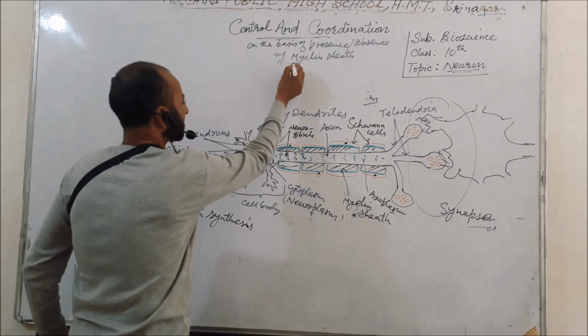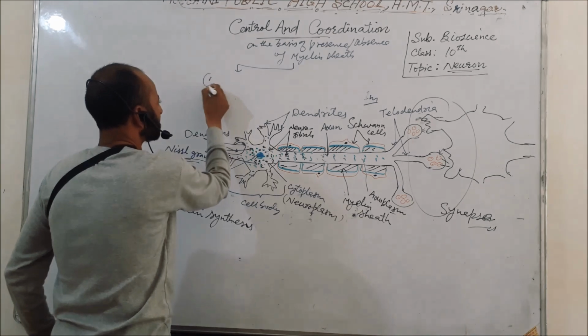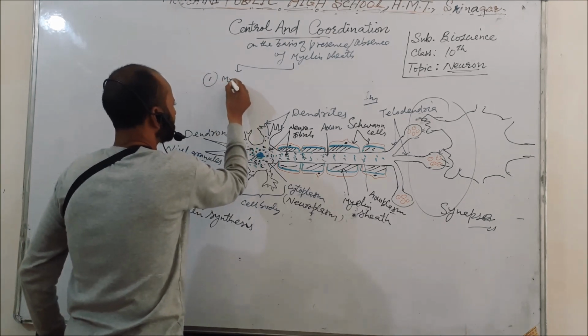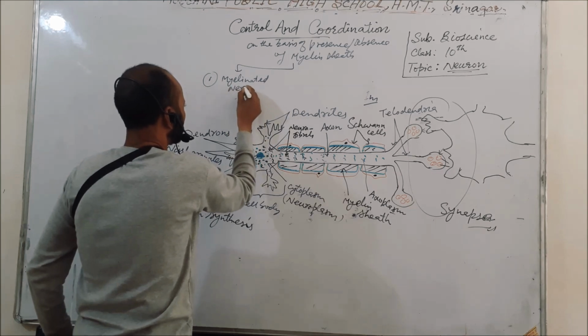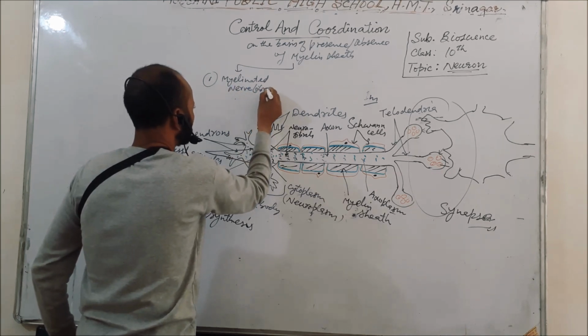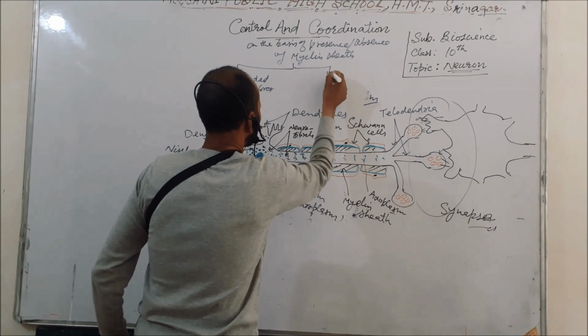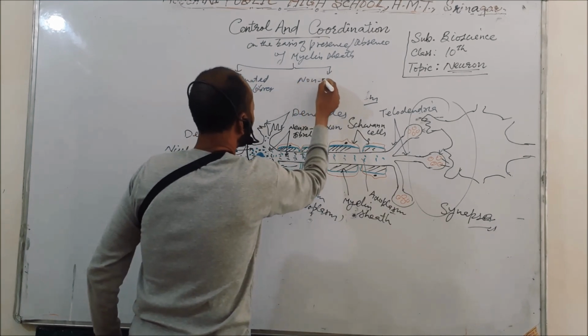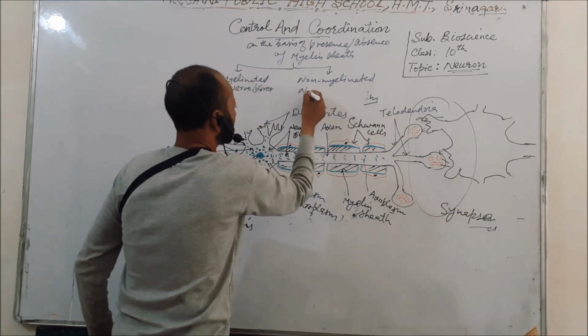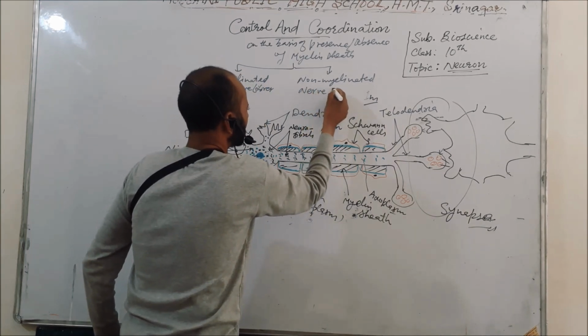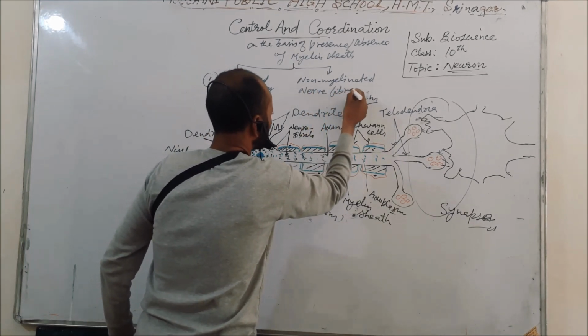Okay, what? Number one, myelinated nerve fibers or neurons. Number two, non-myelinated nerve fibers or nerve cells.